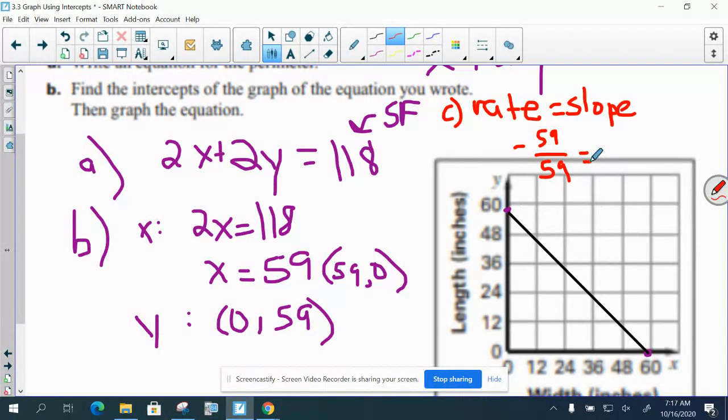That simplifies to negative 1, so the slope is negative 1. This means as the width increases, the length decreases, since the slope is negative. Maybe you can write that down: as the width increases, the length decreases.